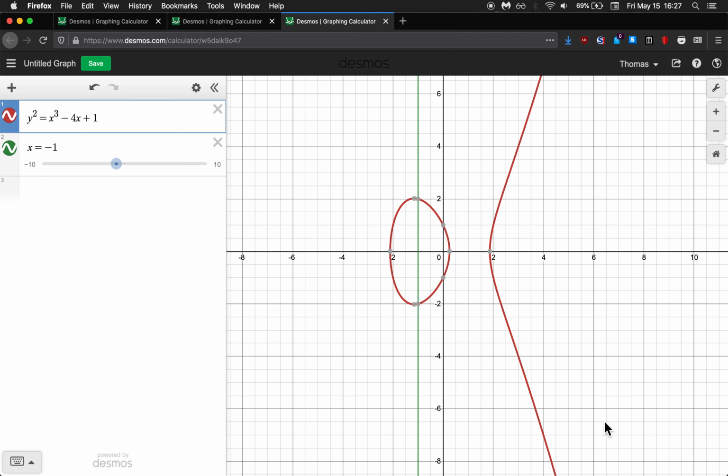Well, hang on a minute. Vertical lines are where I got this point at infinity business to begin with, right?